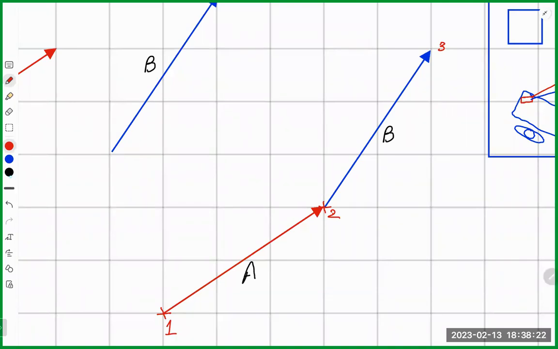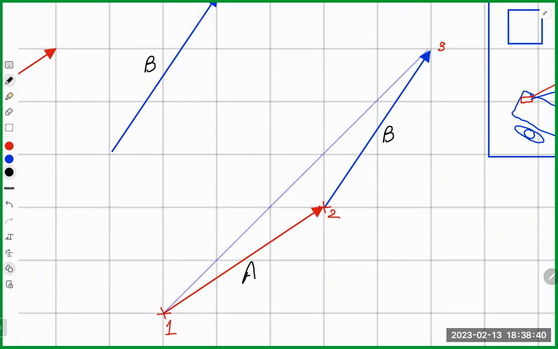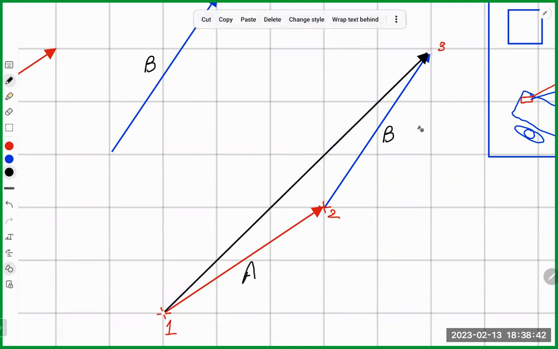I was saying the same thing, sir. Tail of A to the head of B. Okay. I thought you said from the tail of B to the head of A. So this will be the resultant.